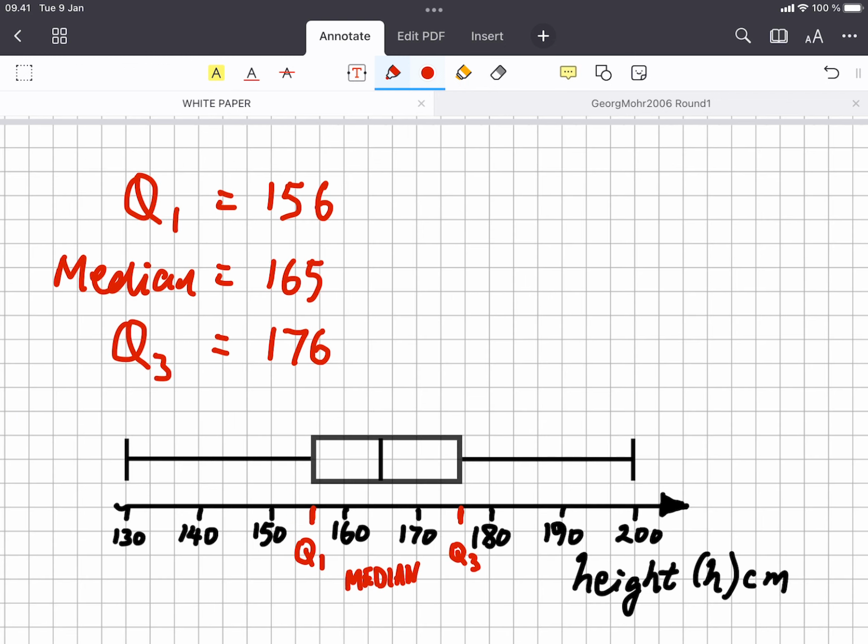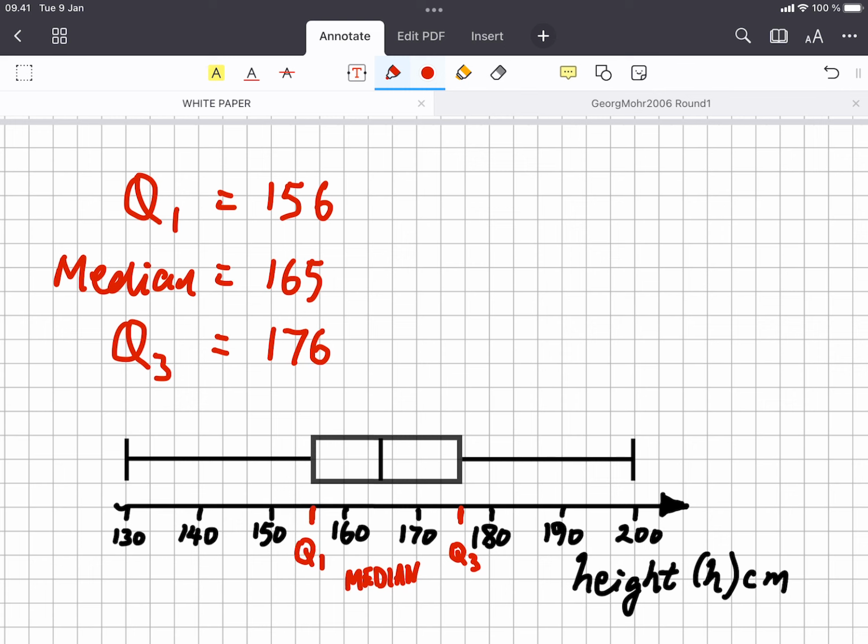So I've got my estimates for Q1, the lower quartile, Q3, the upper quartile, and 165 is the median. And I can represent these on a box plot. So the bottom of the box is the lower quartile, Q1, and I've got that at 156.